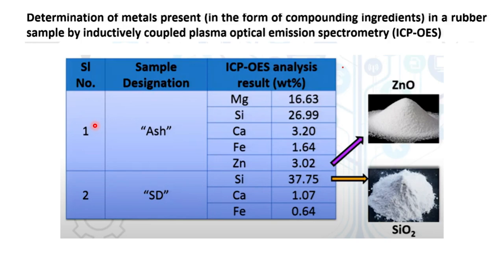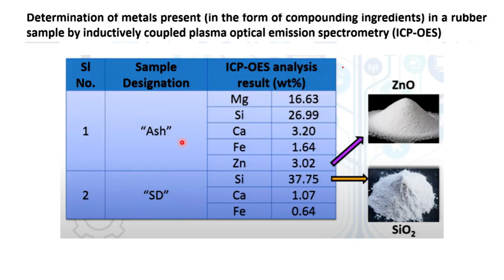Now, how can you determine the different compositions present in your matrix? If there are different elements present in rubber, through ICP-OES, if there is magnesium or silicon, after oxidation there will be formation of oxide in ash. So if there is any inorganic element, ultimately there will be formation of ash.